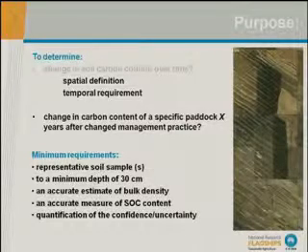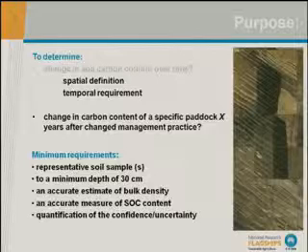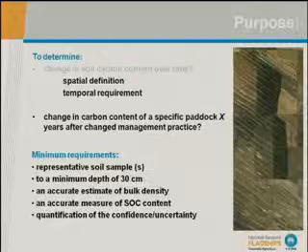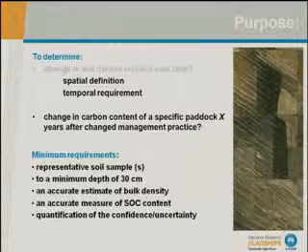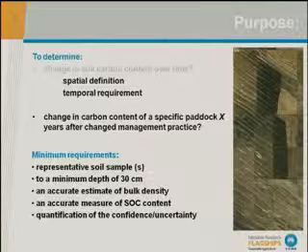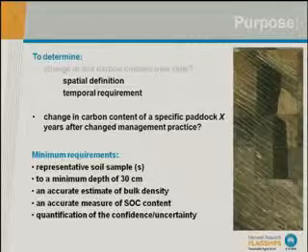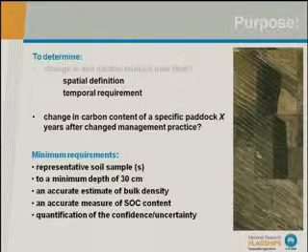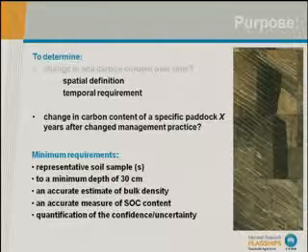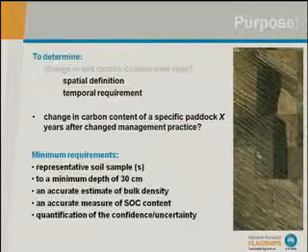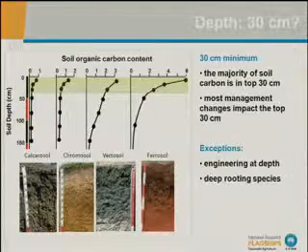We're looking to sample to a minimum of 30 centimetres depth. Bill mentioned that we need an accurate estimate of bulk density and also an accurate measure of soil organic carbon content. We also need to think about the confidence or uncertainty associated with our results, and that's why we need to think about the number of samples that we're required to take and how that influences our confidence in the results.